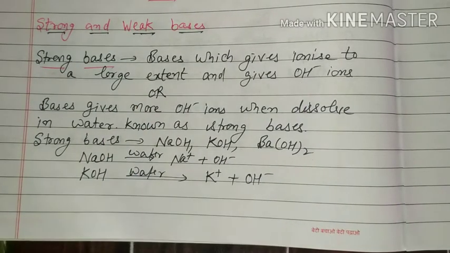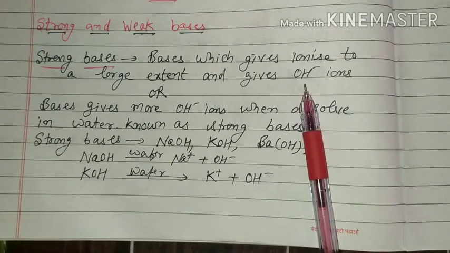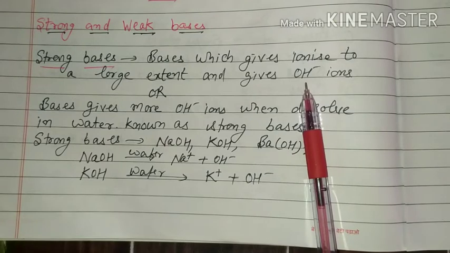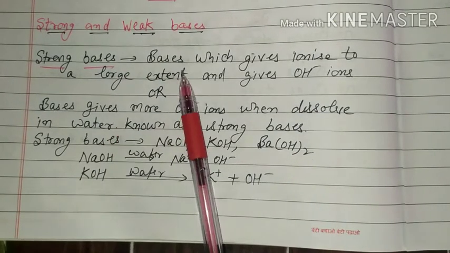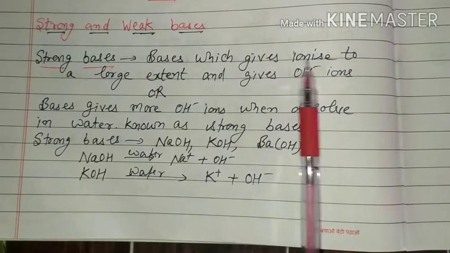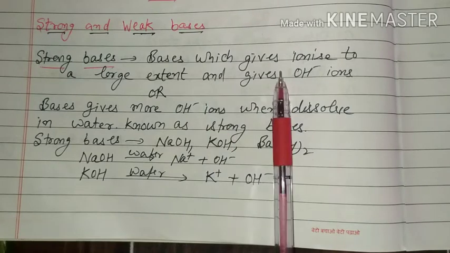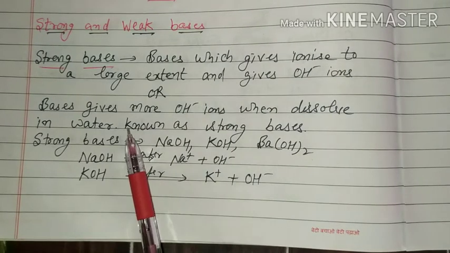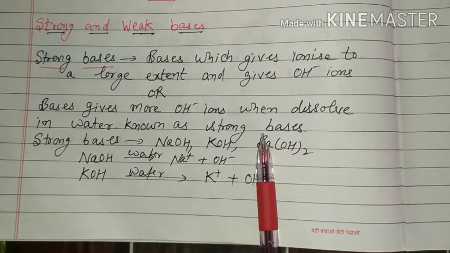A strong base gives a large number of hydroxyl ions when dissolved in water. Bases which ionize to a large extent and give more OH negative ions in water are known as strong bases.